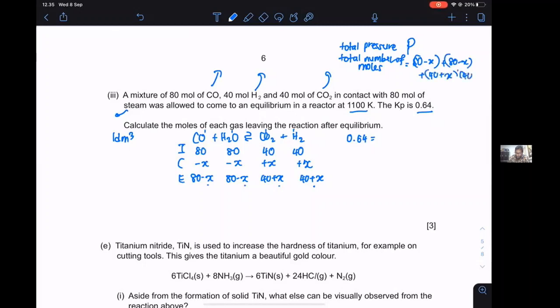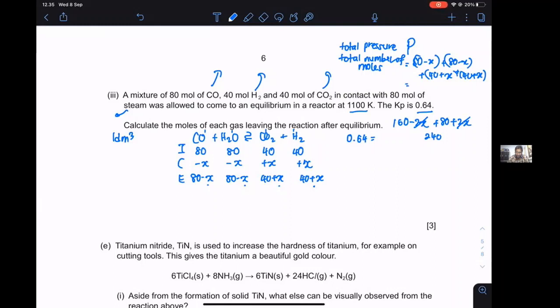So if I add, I will get 160 minus 2x, then plus 80 plus 2x, the x will be gone, and I'm going to get 240. 240 is the total number of moles.